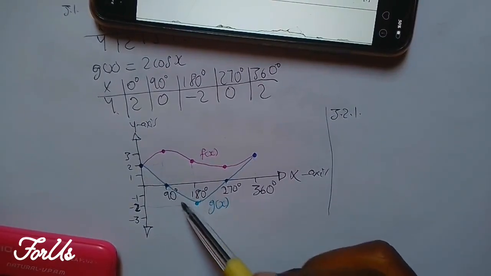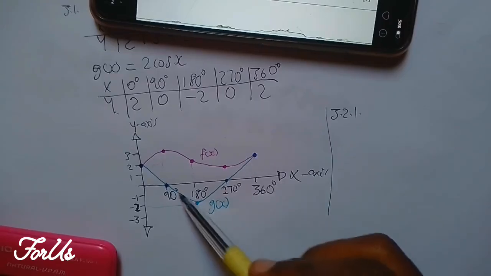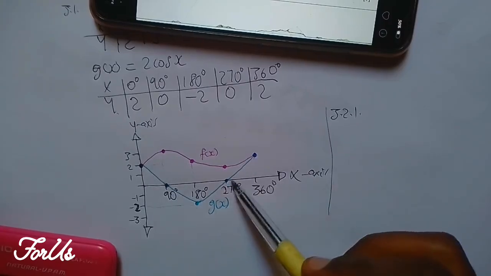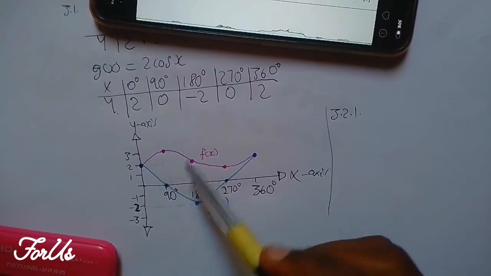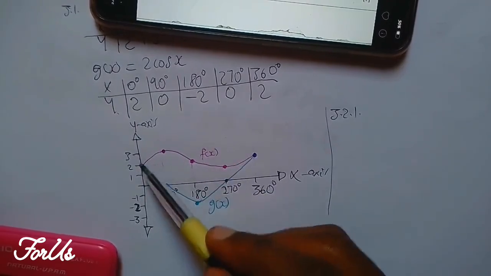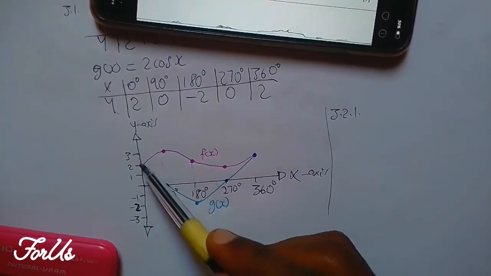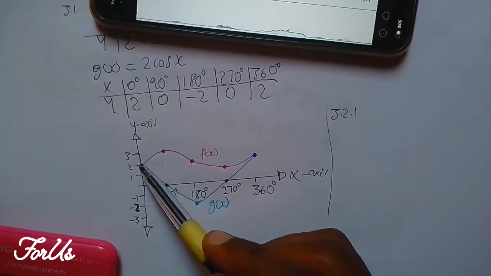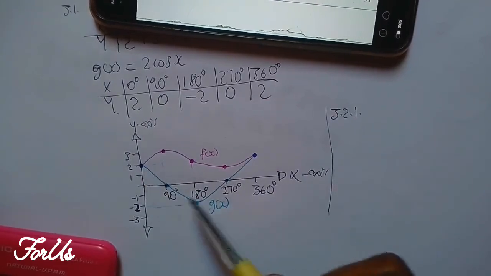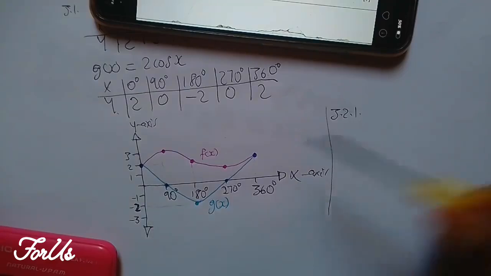The range of this g of x, this graph. For the range, you're going to look at the y-axis. The y-axis is this side. As you can see on this graph, the highest is 2 here, and the lowest is -2.